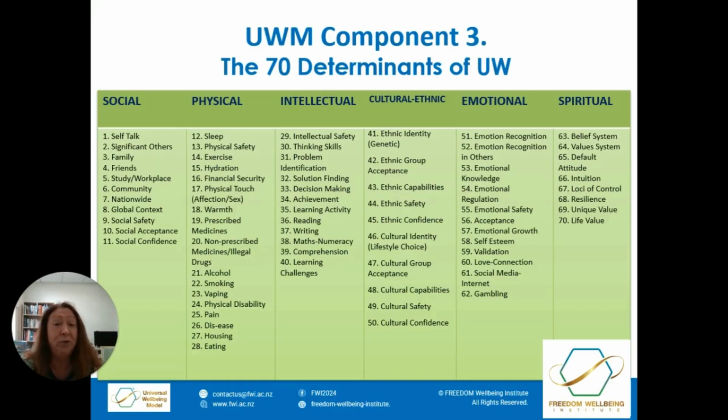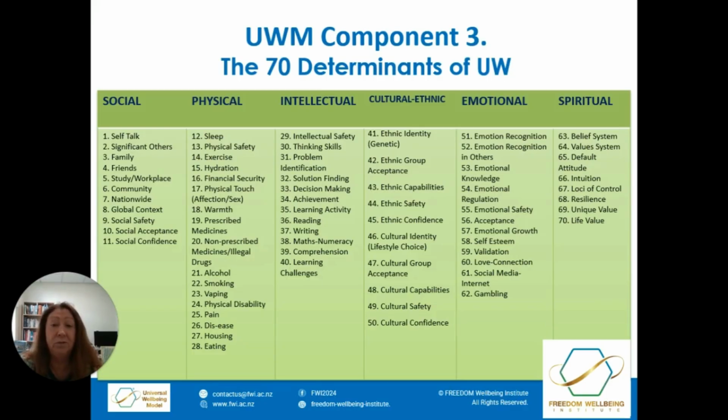Originally we called them variables until we identified significant bodies of literature that actually linked these behaviours to the state of well-being. So these behaviours set out here, and there are 70 of them, are all behaviours that potentially could support our universal well-being. They could be neutral, or they could be potentially or actually harmful to our universal well-being.